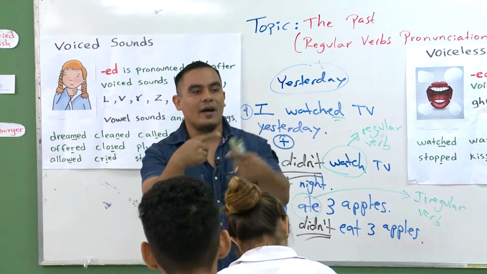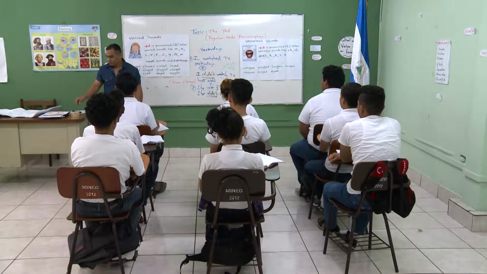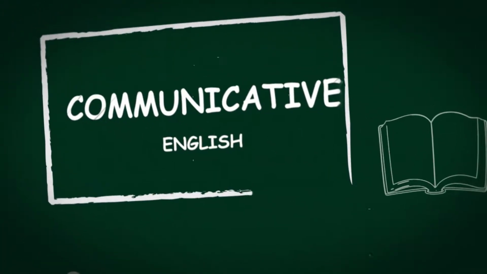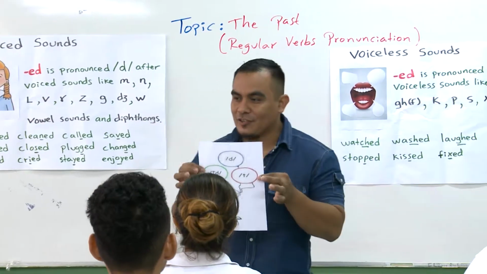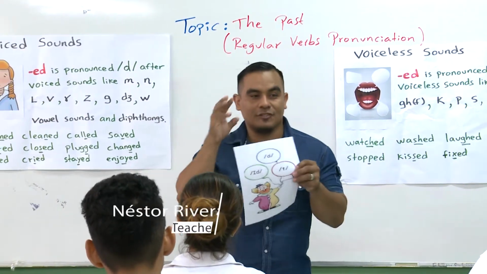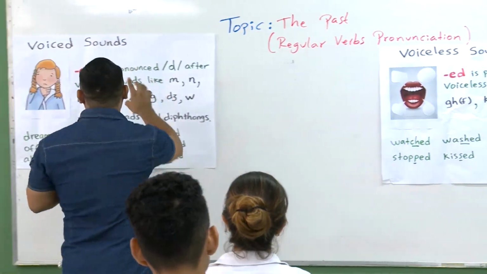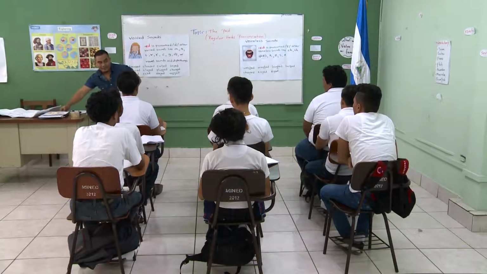Okay, let's talk about the pronunciation. Let me show you the clown, the pronunciation clown one more time, just to refresh your mind. Remember, we have 3 ways to pronounce the ED.